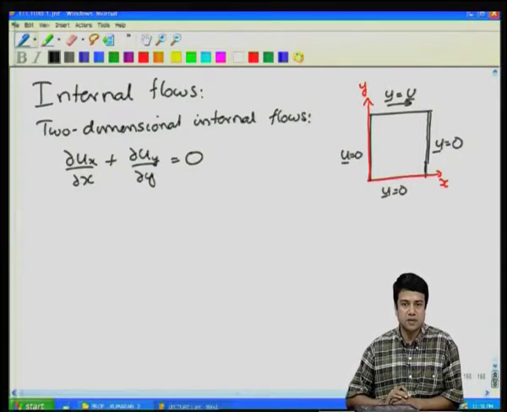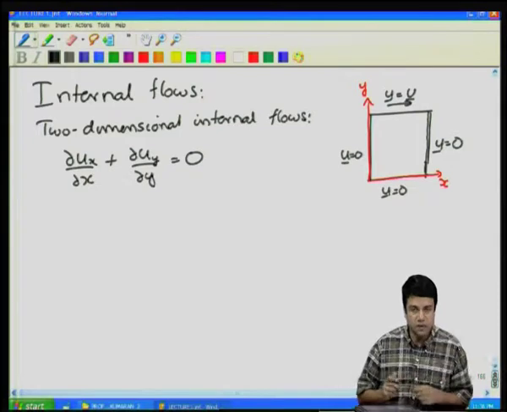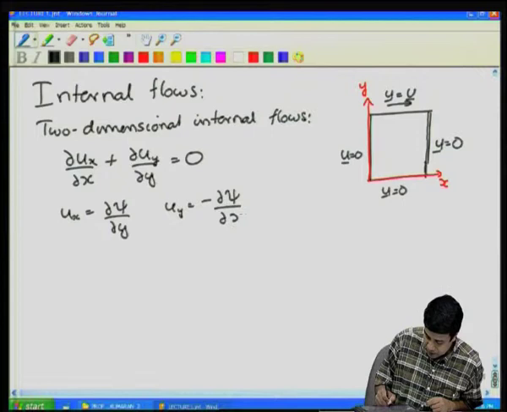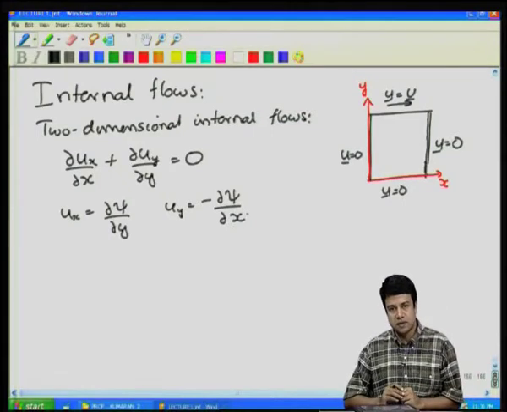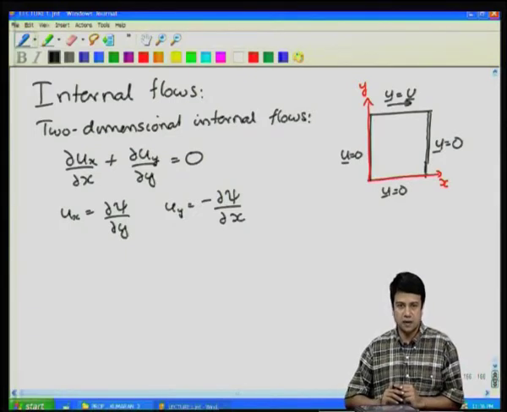In 2 dimensions, there is a major simplification, because that vector is always perpendicular to the plane. The curl of the vector is in the plane, while that vector itself is perpendicular to the plane. That vector perpendicular to the plane is E z, the unit vector, times the stream function psi. In particular, we can express in terms of the stream function u x equal to partial psi by partial y, and u y equal to minus partial psi by partial x. You can see that written in this form, the equations identically satisfy the incompressibility condition.